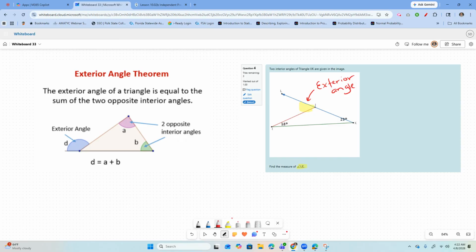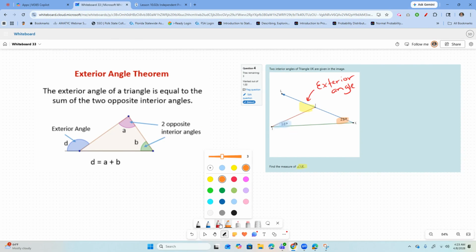So the two angles that are the farthest or opposite to angle IJL that I shaded in yellow, and it has to be inside the triangle, are going to be the 18 and the 23. See, those two angles are the farthest from the exterior angle inside the triangle.